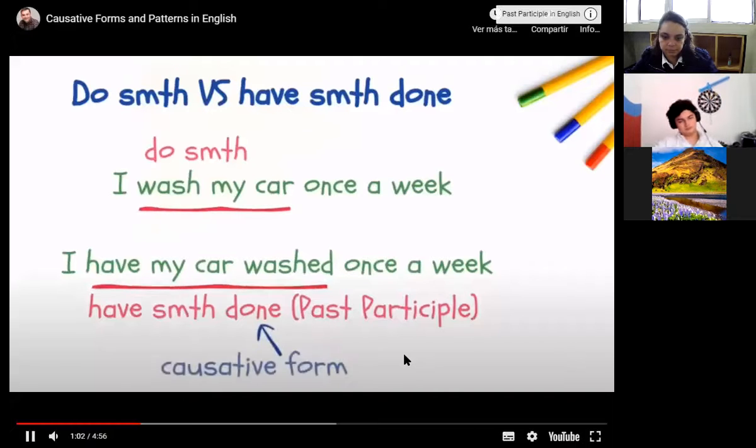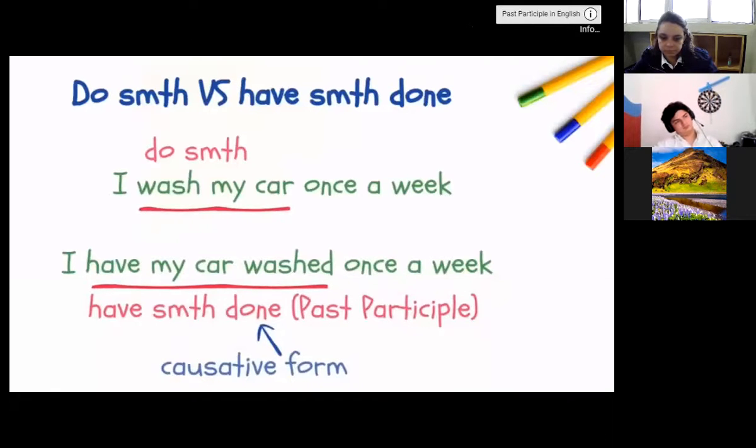And the whole structure of have something done, or have something plus past participle, is called a causative form. And it is called causative because the subject of the sentence causes somebody or arranges for somebody to do something, to perform some action for him or her. In this particular example, I order car washing as a service from somebody else.